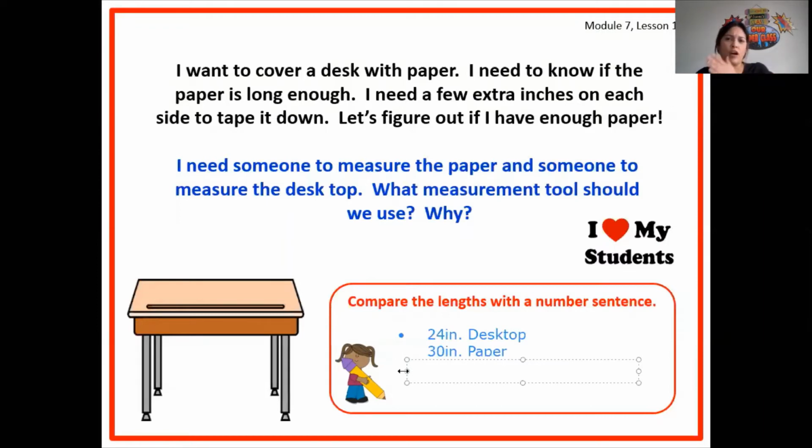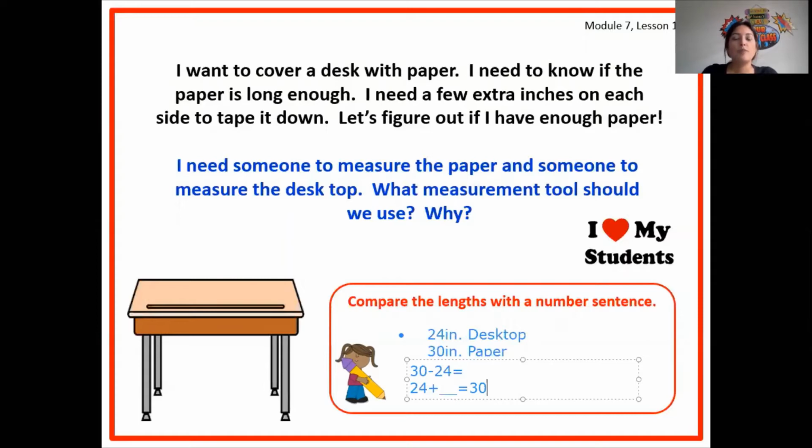I can add on or I can subtract, right? So here my options would be 30 minus 24 equal, or 24 plus blank equal 30. Whichever one you choose is correct.